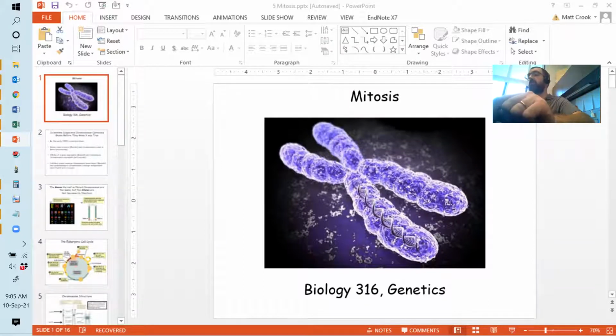And depending on whether it's meiosis or mitosis, and I'll get into why this is a tricky word in a sense: mitosis equals generation of 2 identical diploid daughter cells. Meiosis is generation of 4 non-identical haploid daughter cells through 2 rounds of cell division.